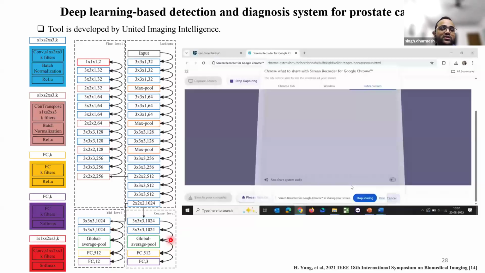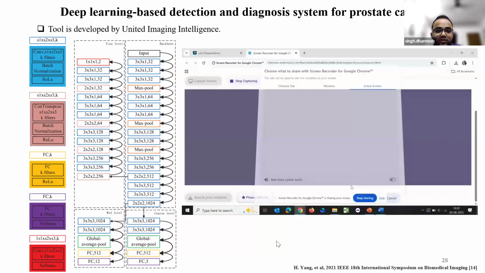Okay, so this is the tool developed by United Imaging Intelligence, and I am going to show you a live demo of how these deep learning based networks work in real time, actually in the diagnostic centers.